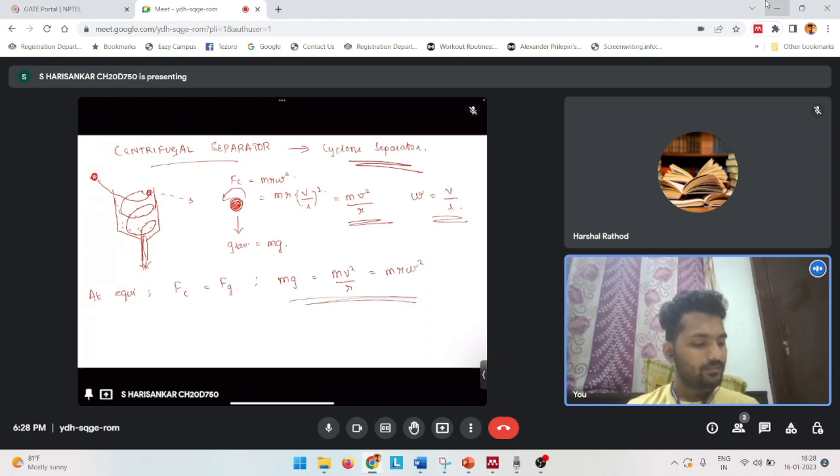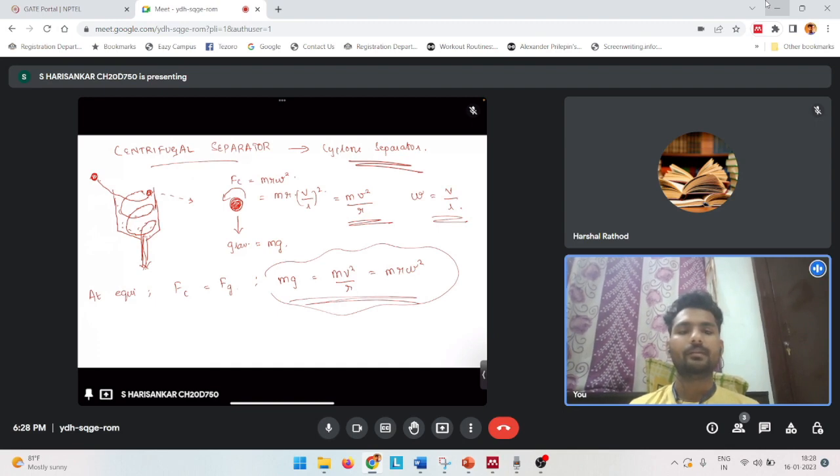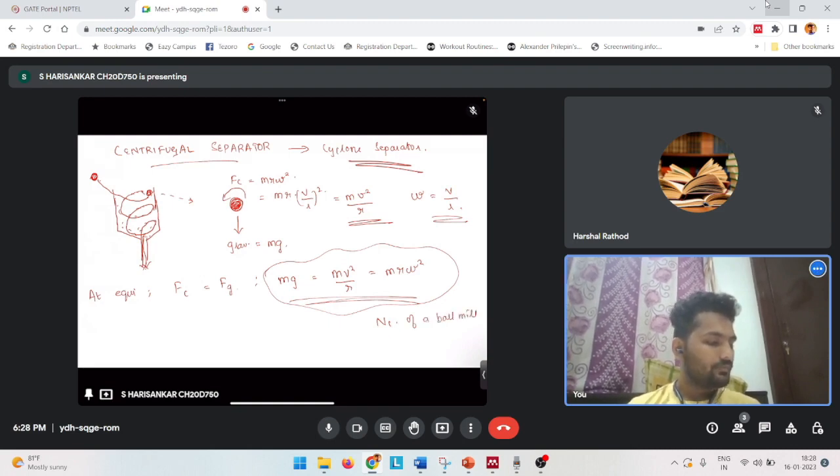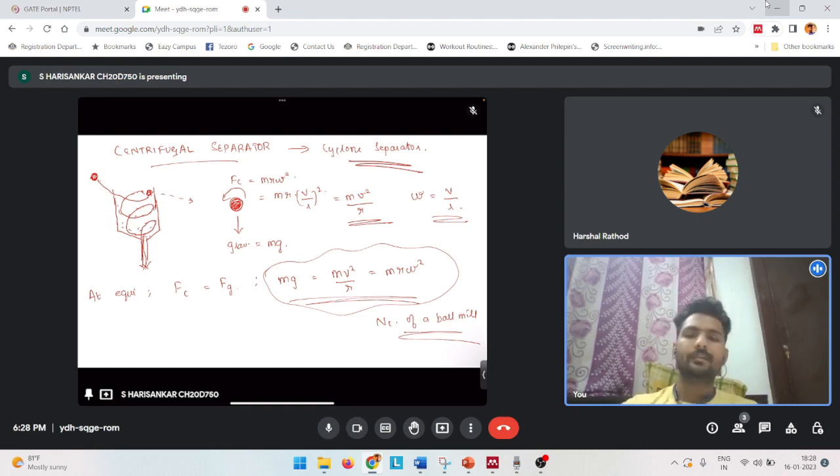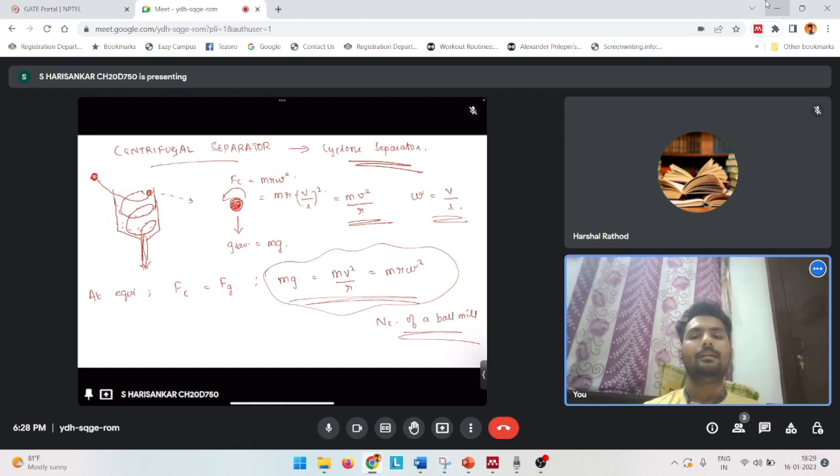This is the force balance principle that we used to derive the equation for the critical speed of a ball mill, if you remember correctly. There also we took the equilibrium between the gravitational force and the centrifugal force. So here also it is pretty much the same. When the particle is at equilibrium, the gravitational force will be equal to the centrifugal force.